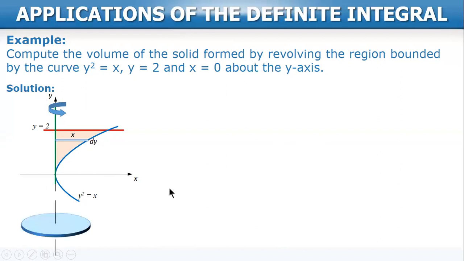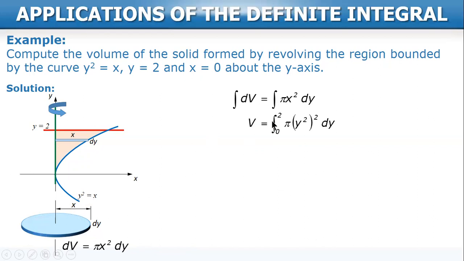So once ma-revolve, you have a disk, ang radius is x, thickness dy. So our volume is pi x squared dy. And then we integrate and we have integral of dv equal to integral of pi x squared dy. This time, dy man, so we will now replace x by y squared from the equation of the parabola, and we have this.